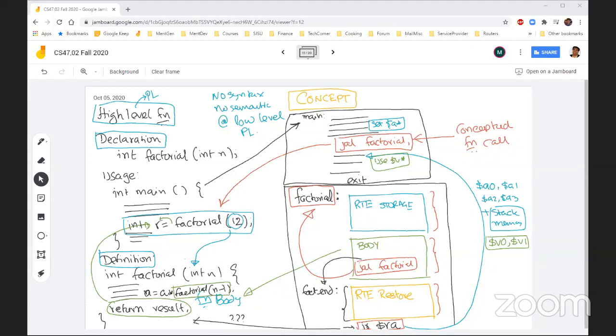In fact, I'm sure at least one or two of you have experienced this problem. If you implement a recursive function with an unbounded recursive call, you will get an error like a bus error or segmentation fault at the high level program.